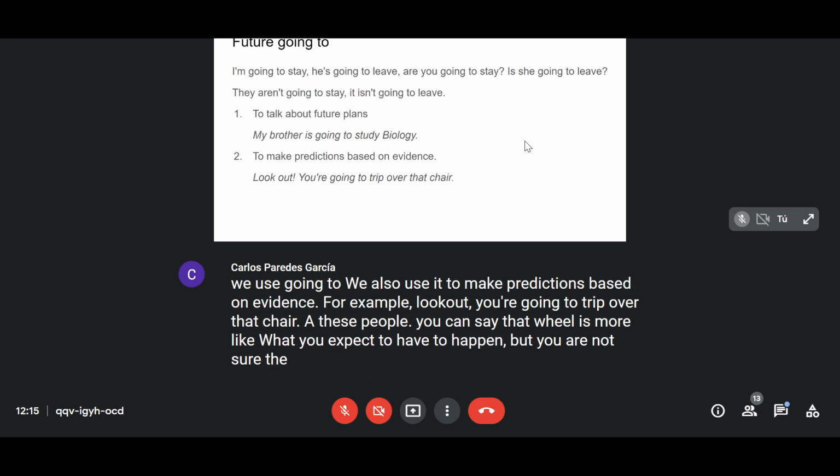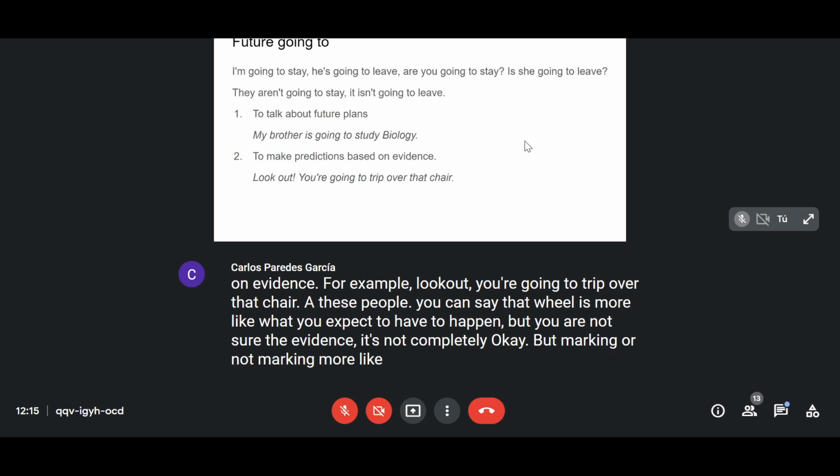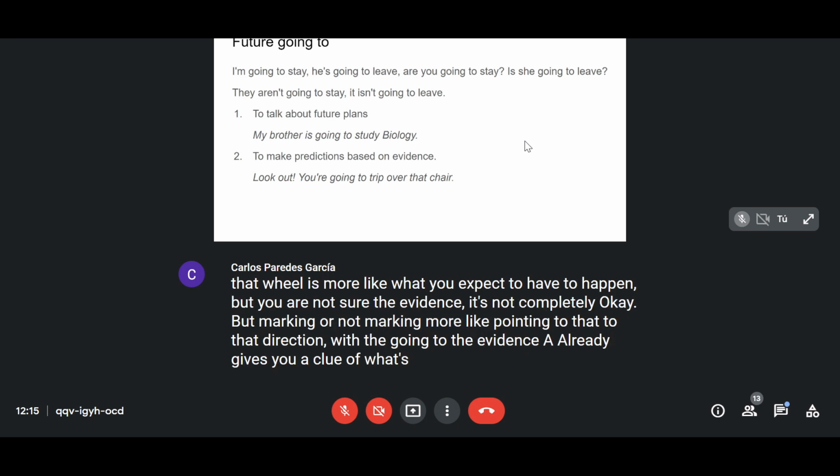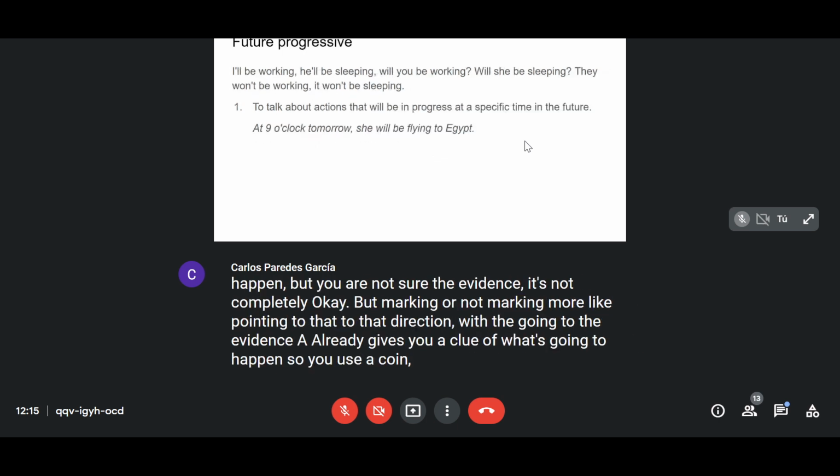The evidence is not completely marking, more like pointing in that direction. With going to, the evidence already gives you a clue of what's going to happen, so you use going to, right?